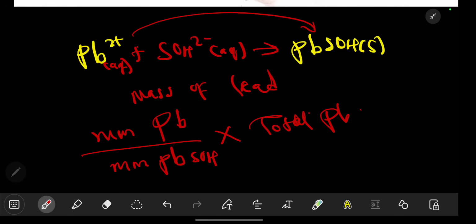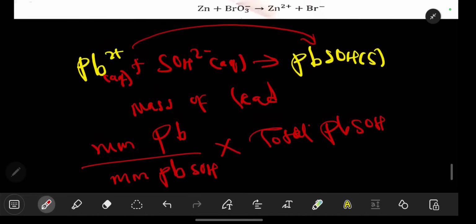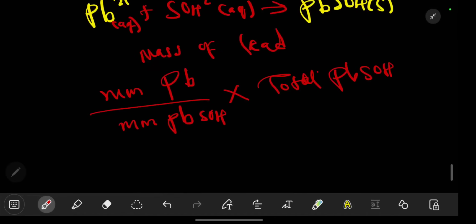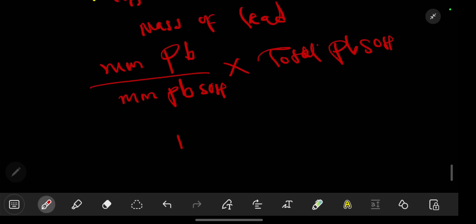of our PbSO4. If you look on your periodic table, the molar mass of lead should be 207.2, but let's find the molar mass of PbSO4.